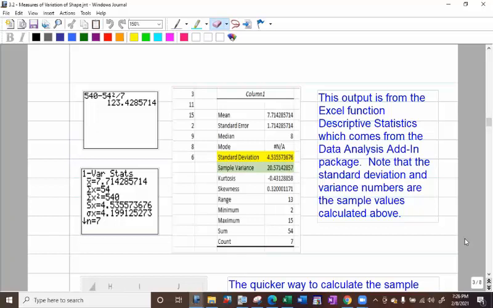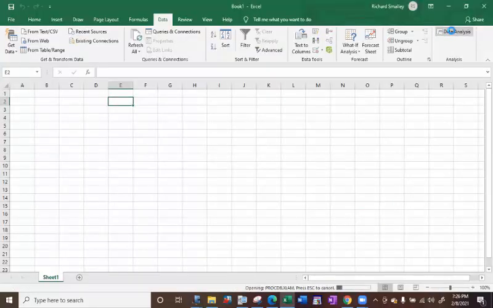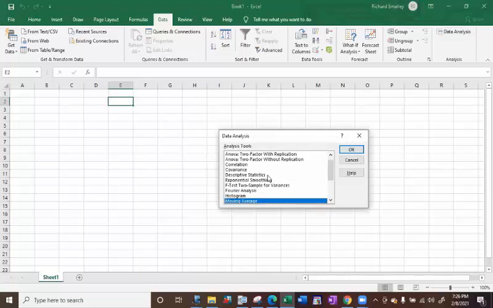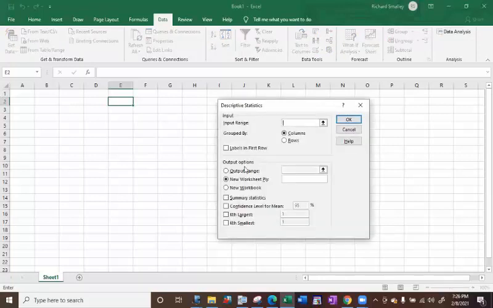But anyway, that was under the data analysis. It's descriptive statistics. I may not type these numbers in, but it's descriptive statistics. Then you got to tell it what.